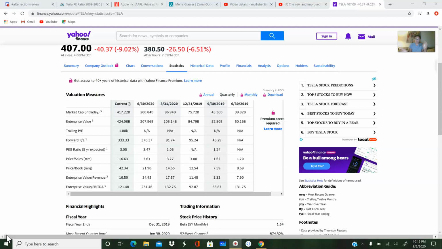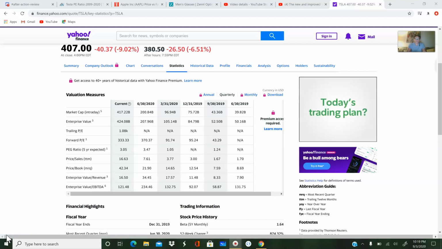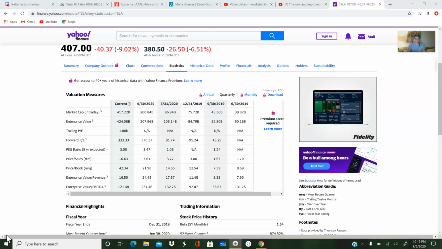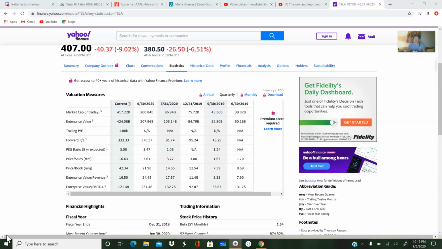So, you could look at a company and their PE ratio could be, let me try to think of an example real quick. Let's say the PE ratio could be 50, right?